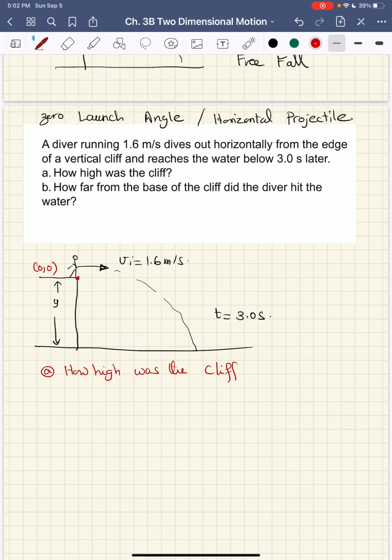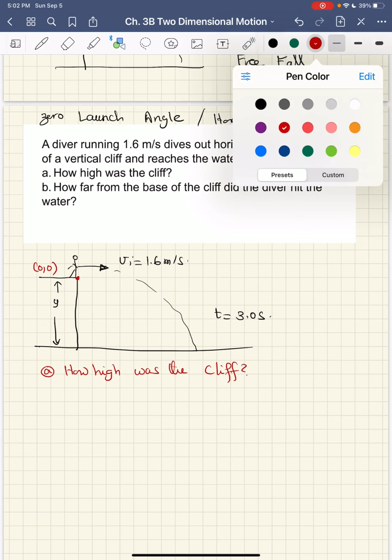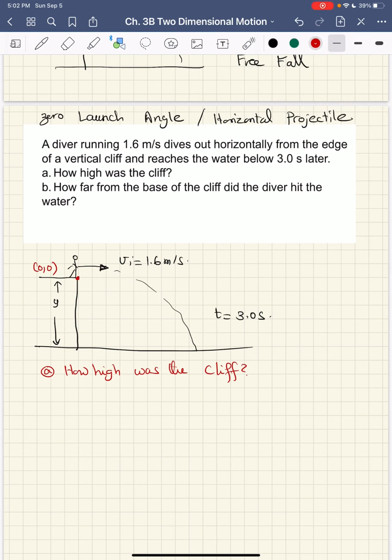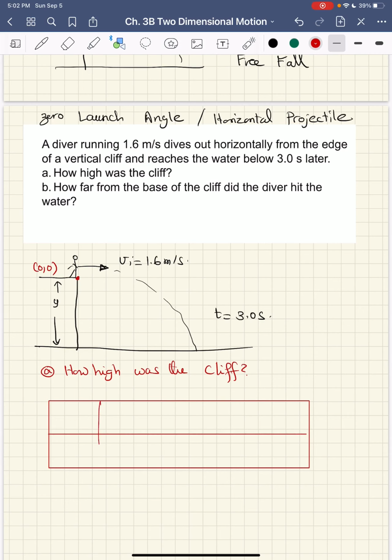What I will do here is I will put my quantities all in kind of a box here, and I'm going to list my quantities. My yi is 0. I need my final y.